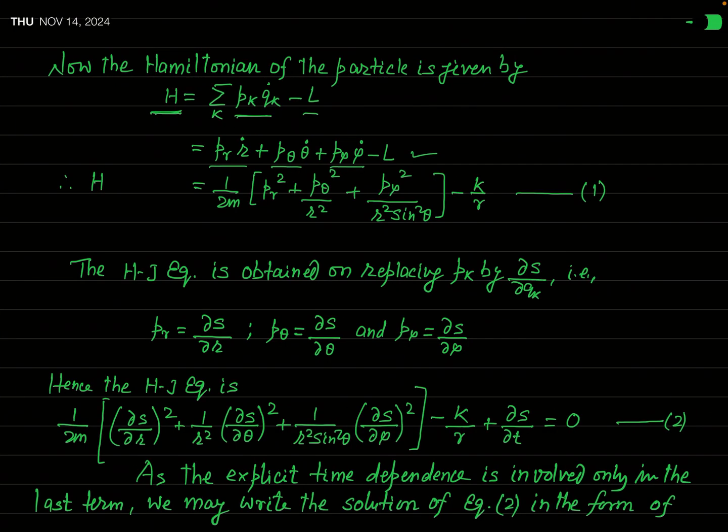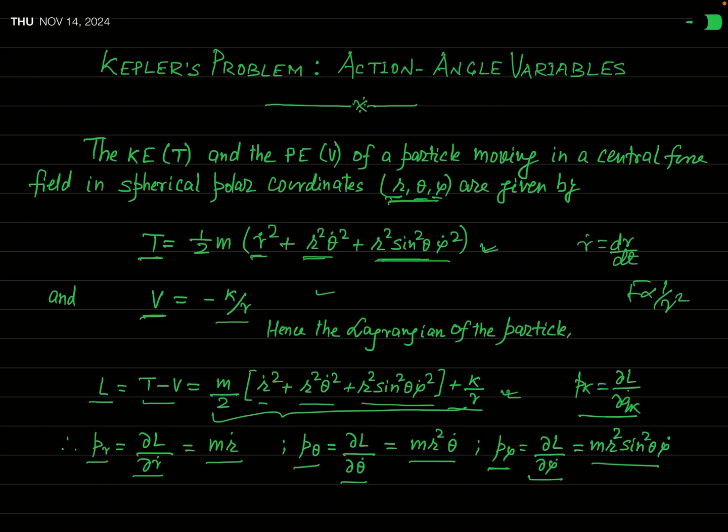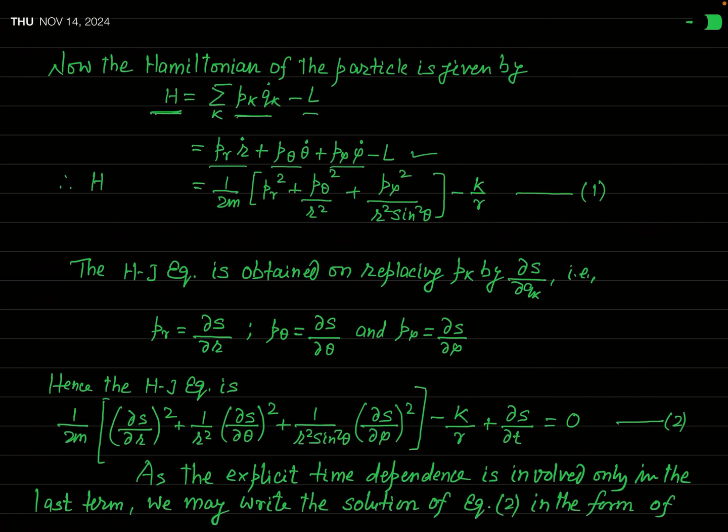After substituting those values and also the value of the Lagrangian, which we defined in this expression, you can obtain the expression for the Hamiltonian, and that will be 1 over 2m times PR square plus P theta square over R square plus P phi square over R square sin square theta, minus K over R. So this is the Hamiltonian of the particle moving in this central force field.